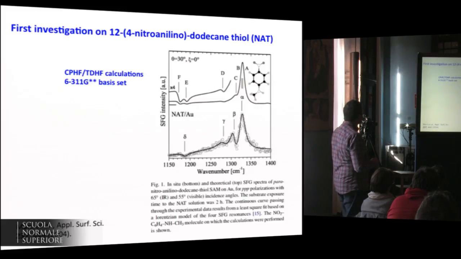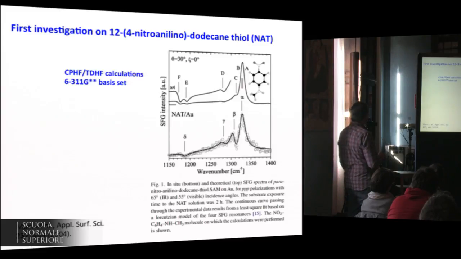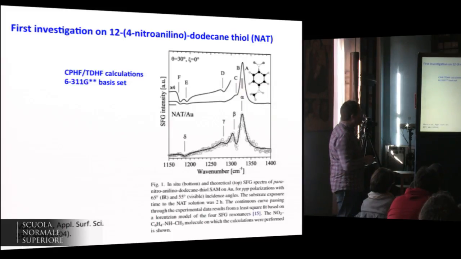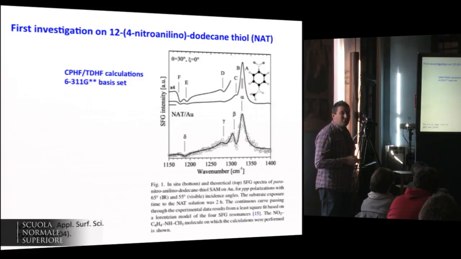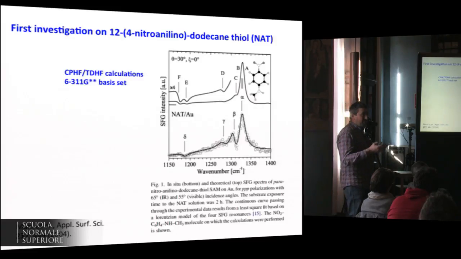At that time, the first calculation was simply done by using CPHF and TDHF with a 6-311G* basis set. Without explaining the details, because I am going to explain that a bit later, you can see that it was possible to reproduce the experimental data. I'm really saying that we were able to reproduce the experimental data and not to make a simulation from scratch to help experimentalists interpret their data.